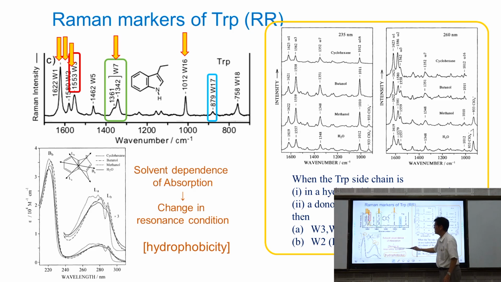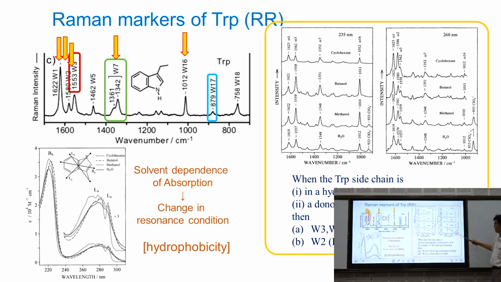Then it results in the change in the resonance condition. Then change in the resonance condition results in change in the Raman scattering intensity. So the Raman intensity serves as a marker of the environment. Okay.